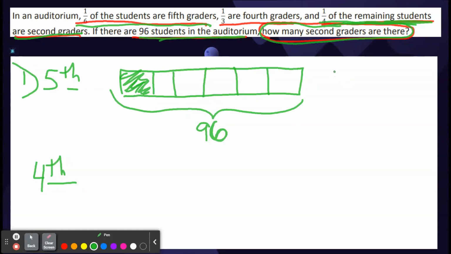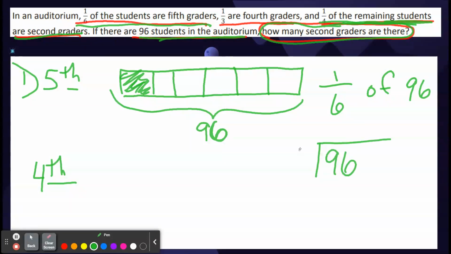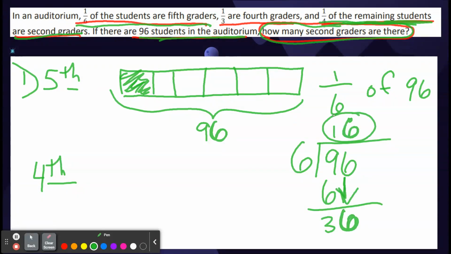So, 1/6 of 96. I can divide my 96 into 6 equal groups. If I divide 96 by 6, I have 16 in each of my 6 equal parts. So there are 16 fifth graders.